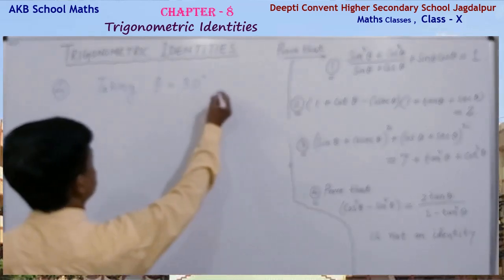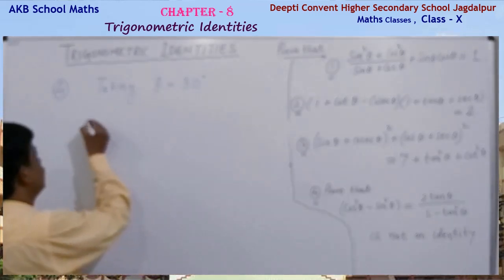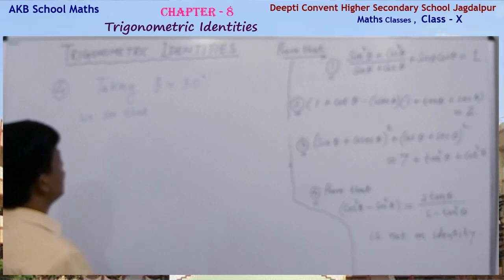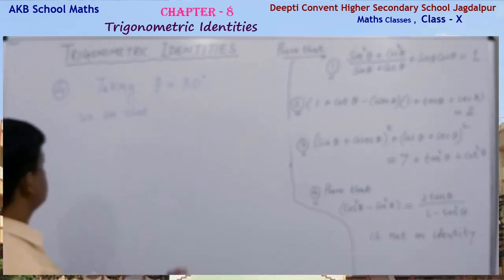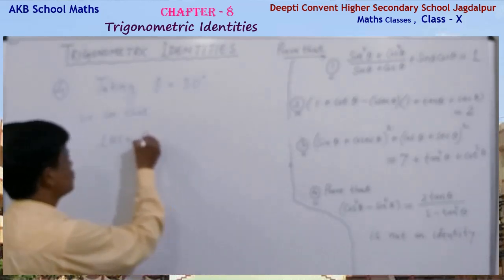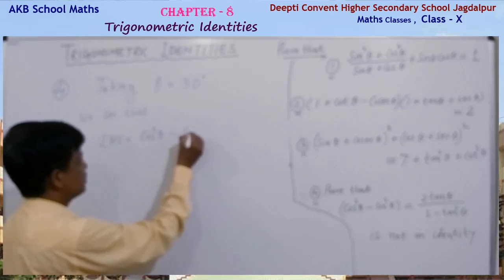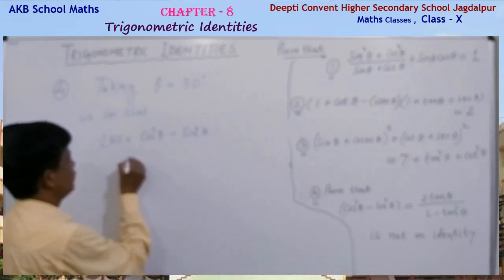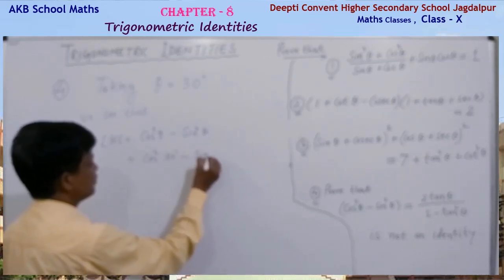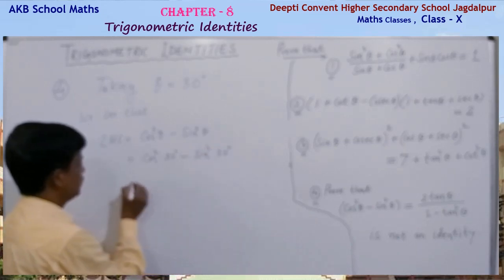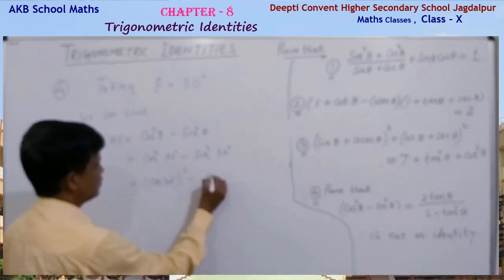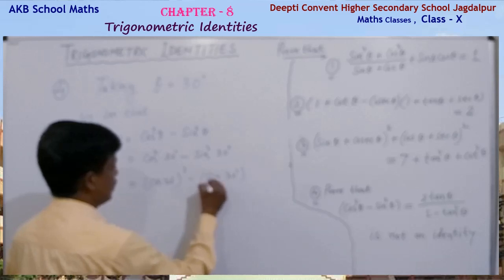So, taking 30 degree, we see that the left hand side, that is what? Cos square theta minus sin square theta. That is cos square 30 degree minus sin square 30 degree, that is cos 30 degree square minus sin 30 degree square.